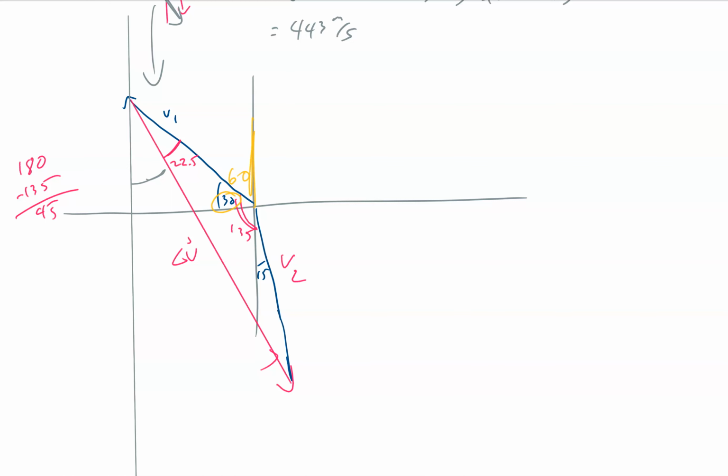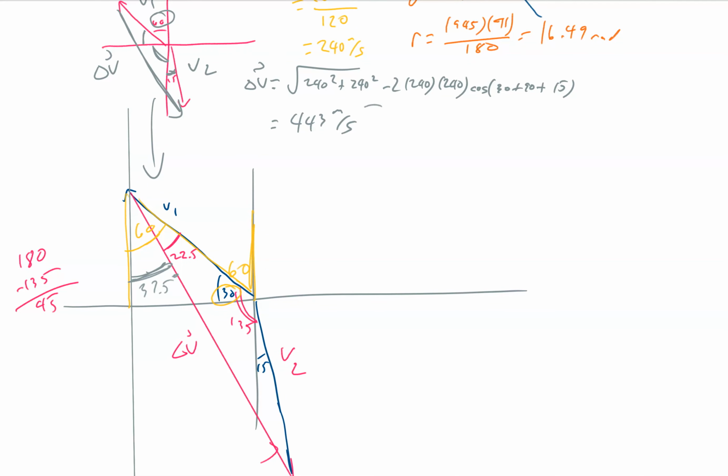And according to the Z pattern, if we know this is 60, then here it also has to be 60 degrees. But I'm not asking for that full 60. I'm just asking for this piece here that's in the gray. So therefore, 60 minus 22.5 is going to equal 37.5 degrees. So back up here, our change in velocity is south, 37.5 degrees east.